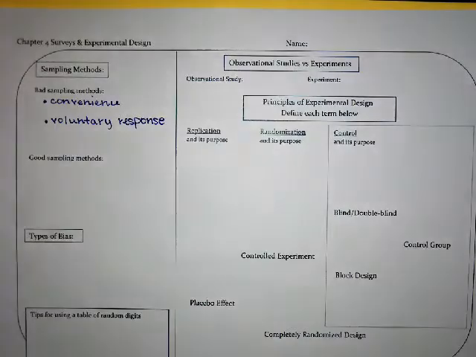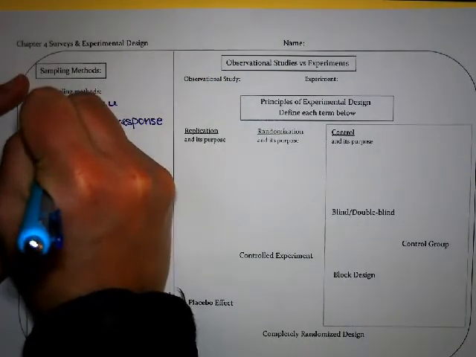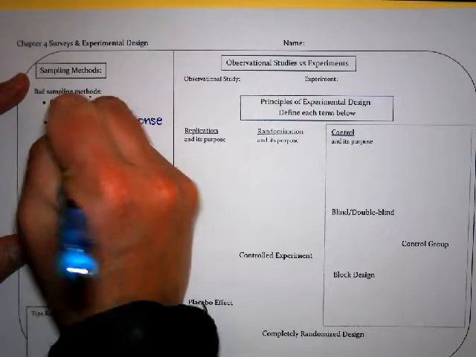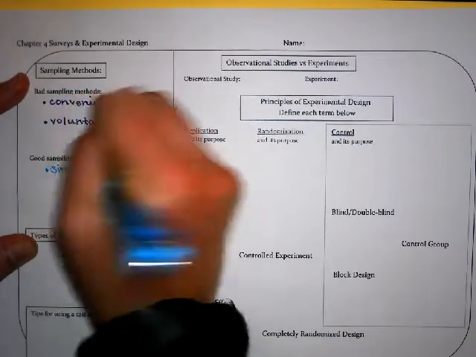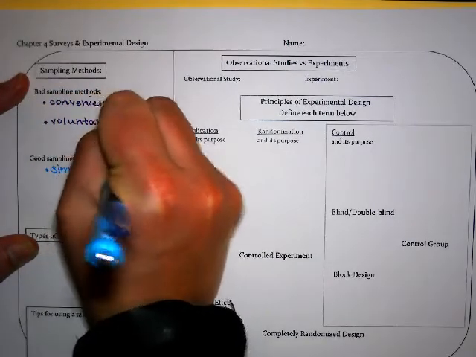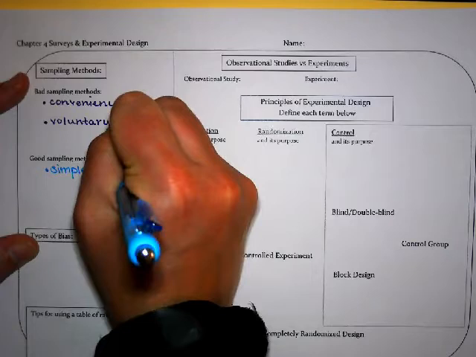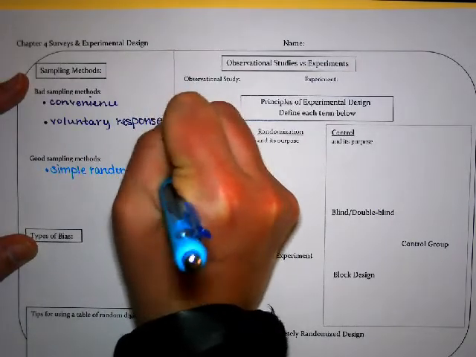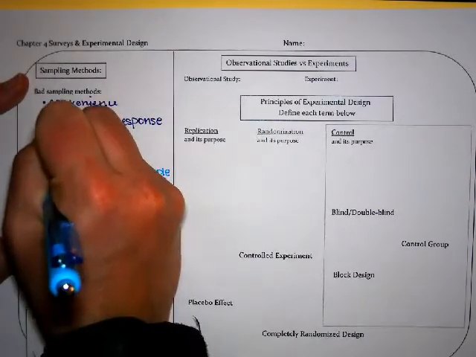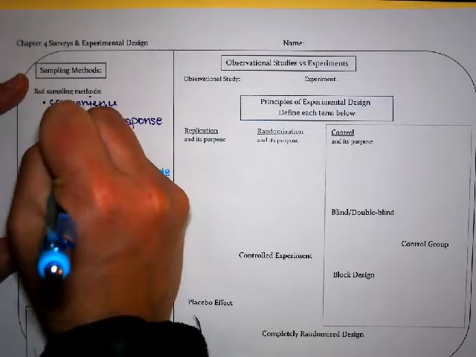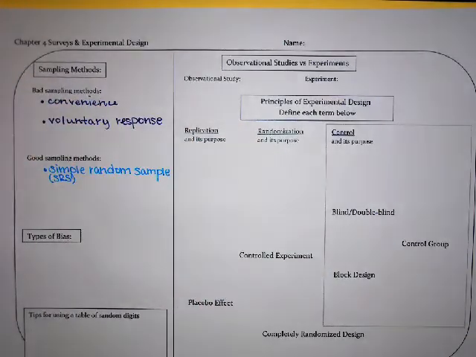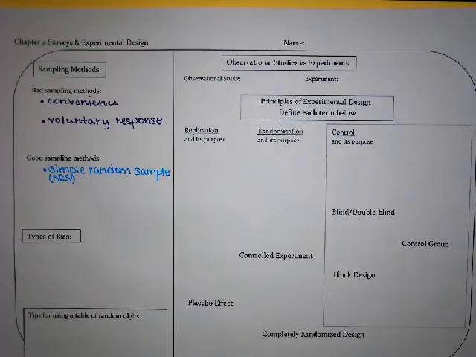So obviously the first one is simple random sample, SRS. And then there were two others. Well, sorry. There were three others, but I mentioned the third one. We don't use it in class, but presidential polls use it, so I wanted to talk about it.